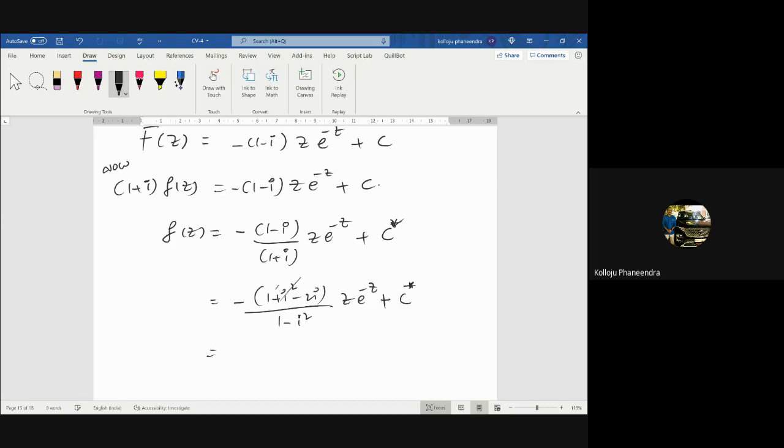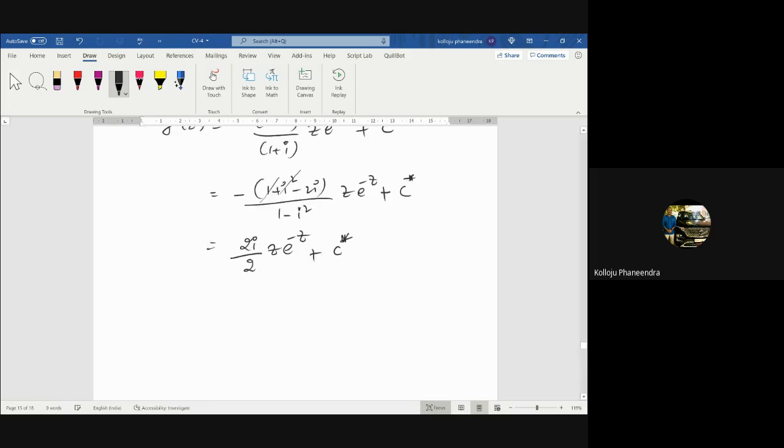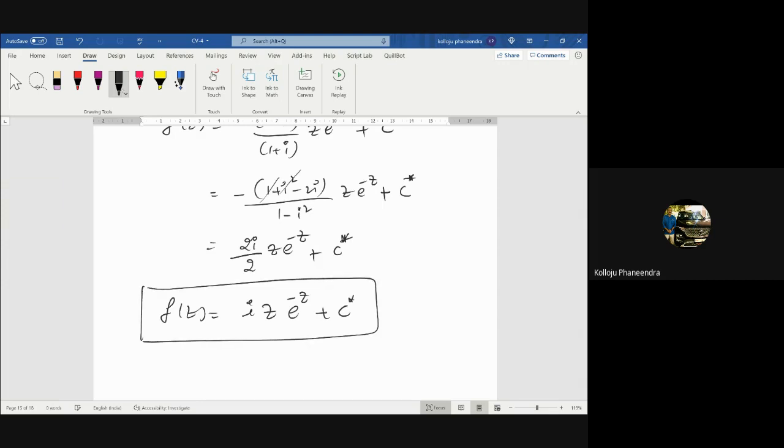These two get cancelled, minus minus plus, 2i by 2, z into e to the power of minus z plus c star. So f of z becomes i into z into e to the power of minus z plus c star. You can put c also, it doesn't matter, because I have to calculate c1 and c2. That's why I have taken c star. This is the required function.